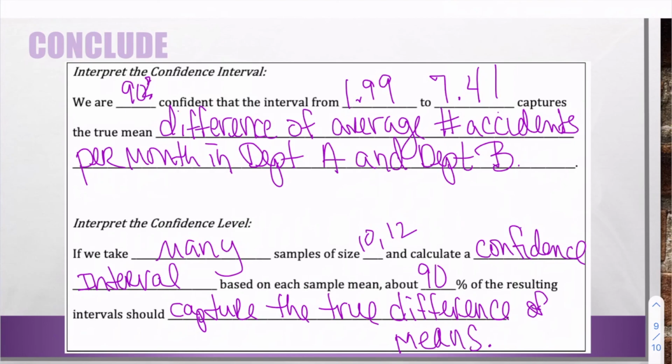Okay, so there we did it. That's a confidence interval for the difference of means.